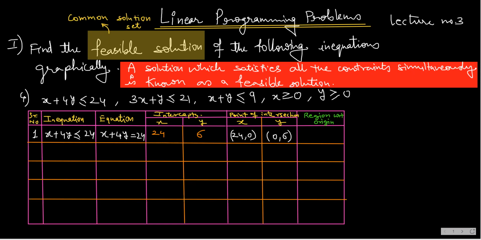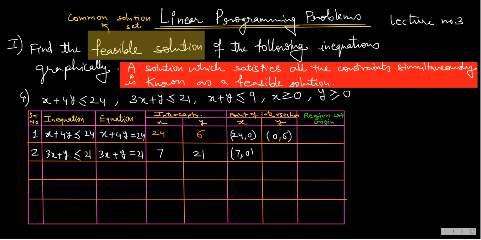Now let's go for the second one. I will write this line. The second one is 3x plus y less than or equal to 21. That is 3x plus y equal to 21. In order to get the x-intercept, you put y equals 0, and you get x as 7. And when you put x equals 0, you get y as 21.